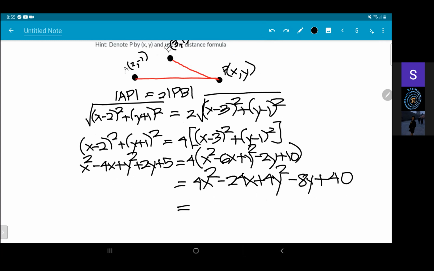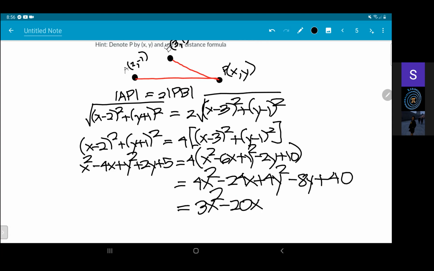Let's leave the constant on the other side. I'll transpose everything to the left, except the constants. So 3x squared, and then negative 24x plus 4x, negative 20x.